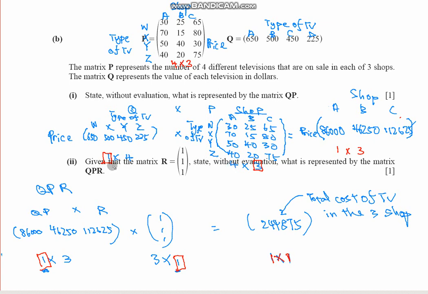And what's the resultant matrix? You got a 1 here, you got 3 here, so basically you have 1 row and 3 columns.